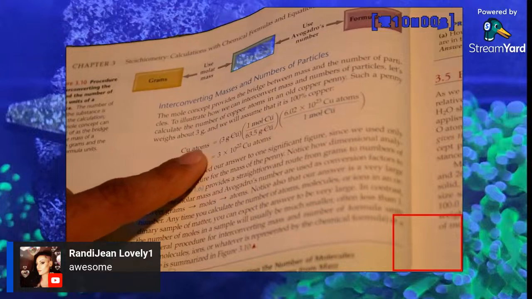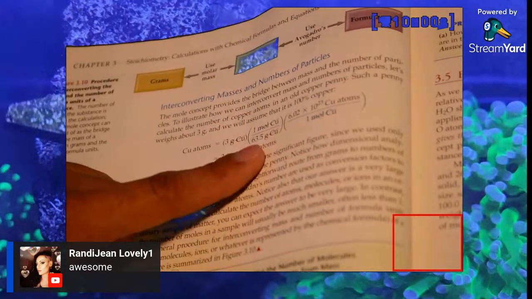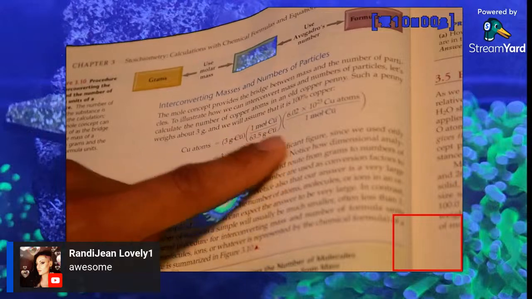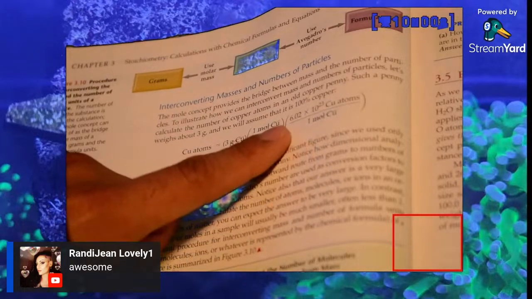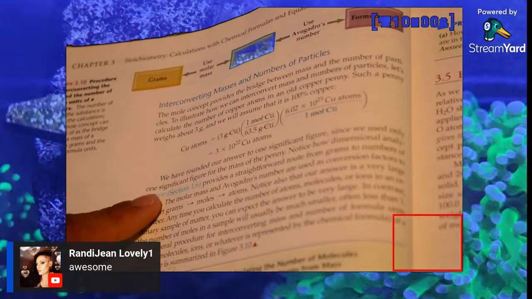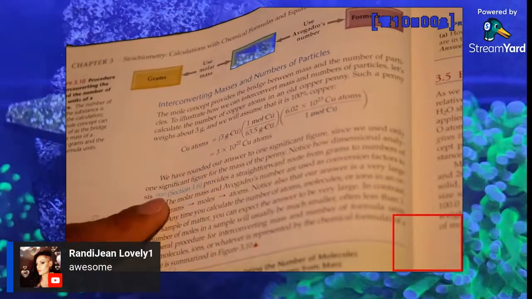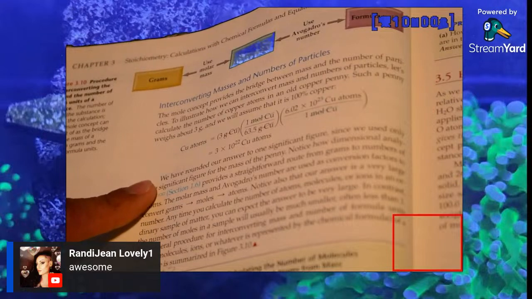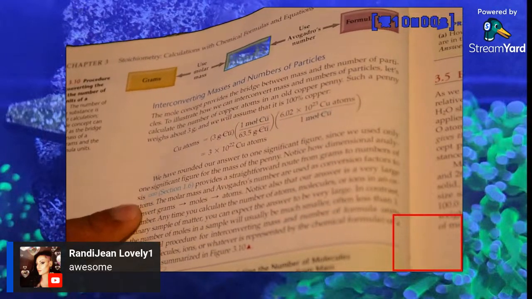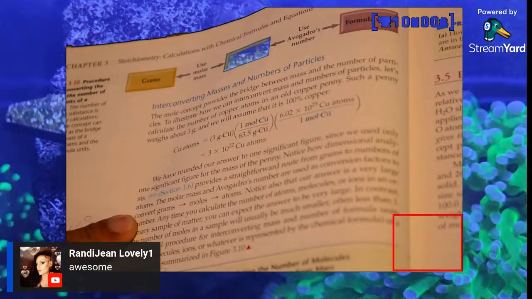So Cu: 3 grams, 63.5 grams per atomic mass unit equals 1 mole of copper. 1 mole of copper equals 6.02 times 10 to the 23 copper atoms. We have rounded our answer, and it equals 3 times 10 to the 22 copper atoms. We have rounded our answer to one significant figure since we used only one significant figure in the mass of the penny.